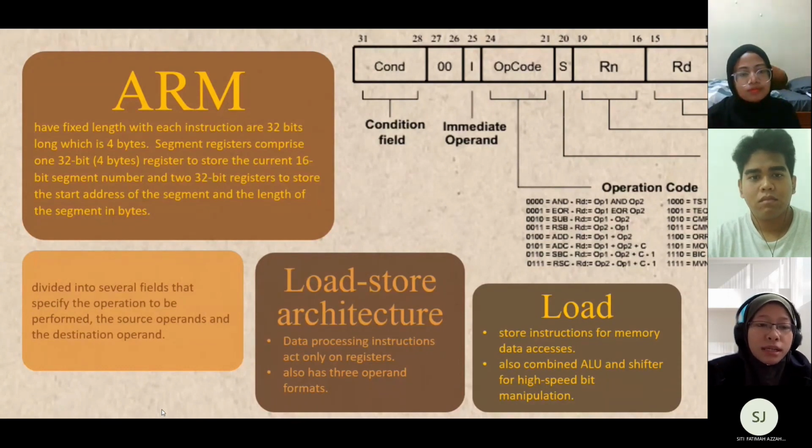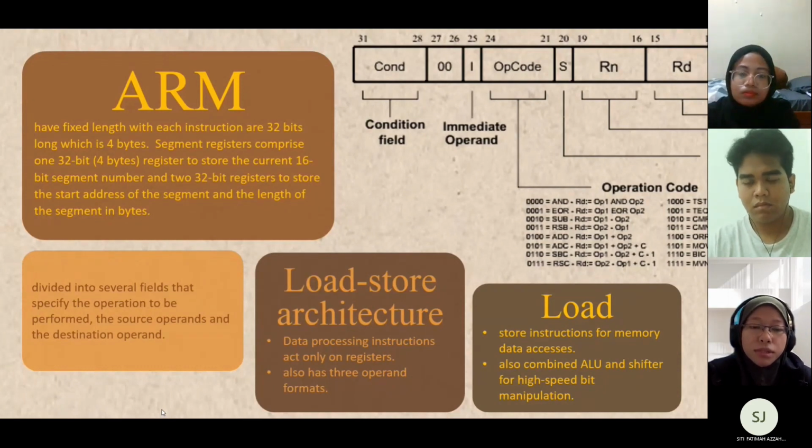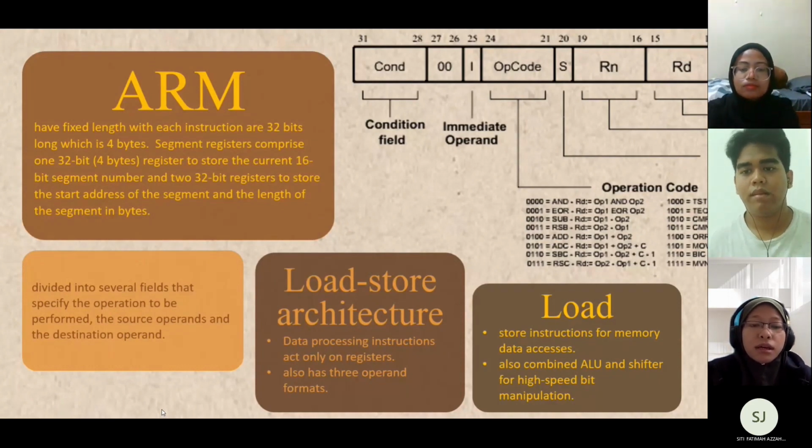Not just that, this ARM processor instruction is divided into several fields that specify the operation to be performed, which is the source operand and the destination operand. Also, in the load store architecture, the data processing instructions act only on registers.